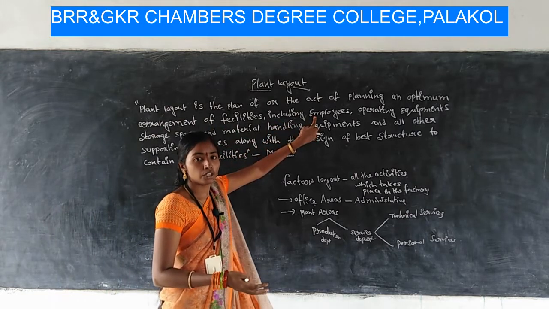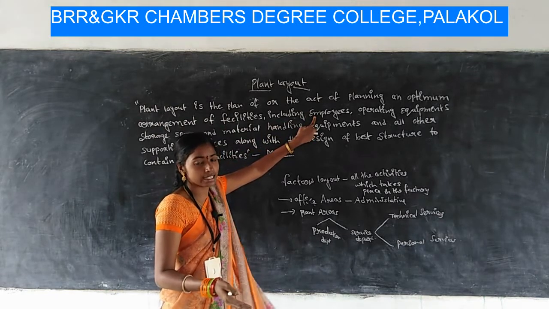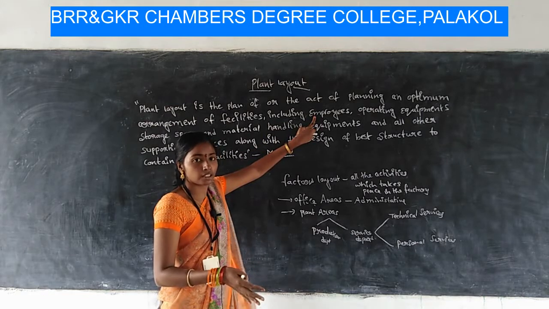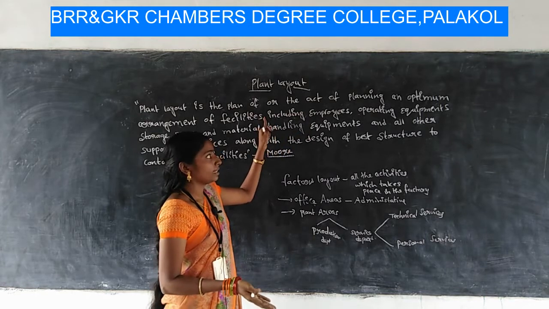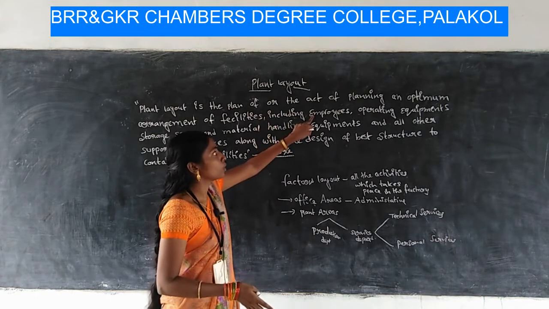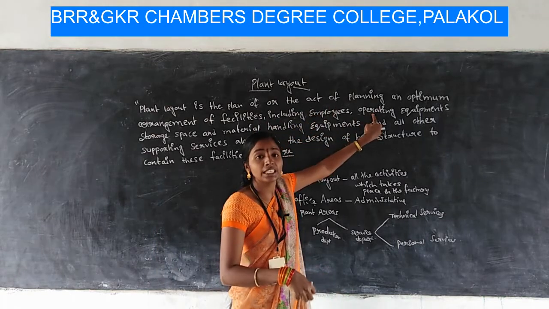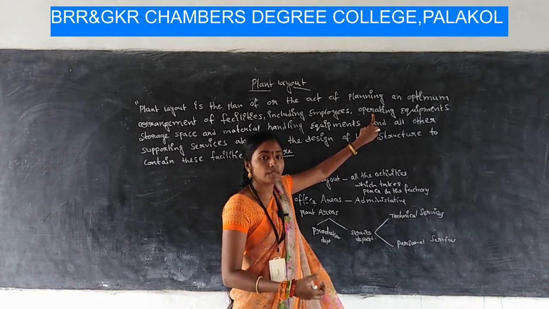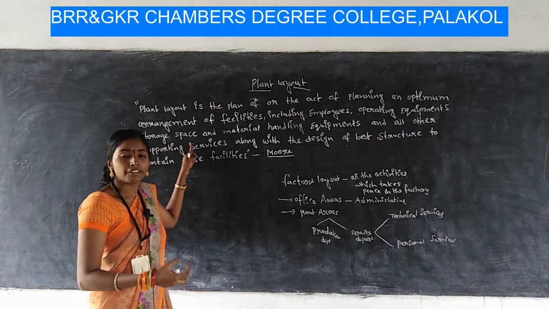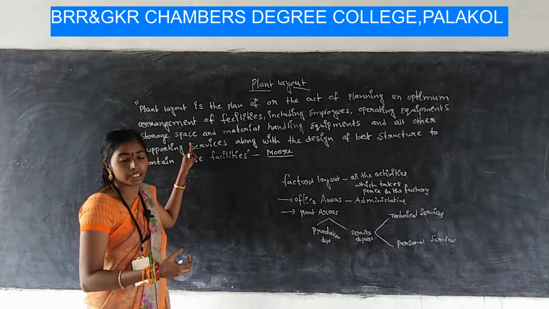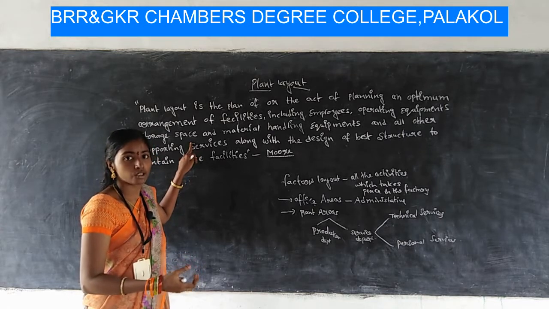Already I told you in the introduction that the business organization is to be organized. Where to do a particular task is to be decided firstly. So we have to decide where the employees are to be operated. Next one, operating equipments. What are the different operating equipments that are used in the production process? And storage space, where we have to store. If it is raw material, we have to store it in the storage house. If it is a finished product, we have to store it in the stock room.